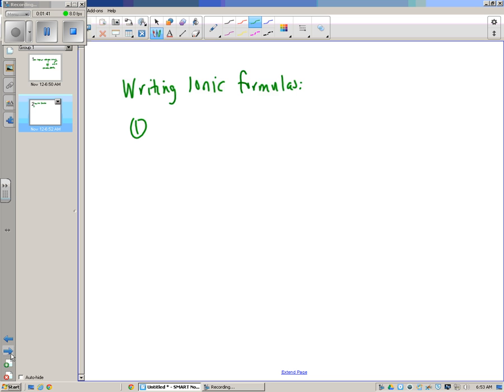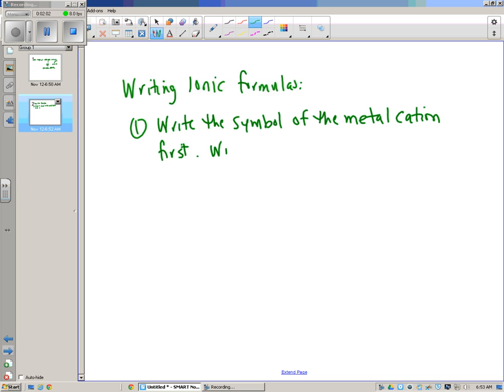One, write the symbol of the metal cation first. Write the symbol of the nonmetal anion second. Metals always come first. Nonmetal anions are always second.